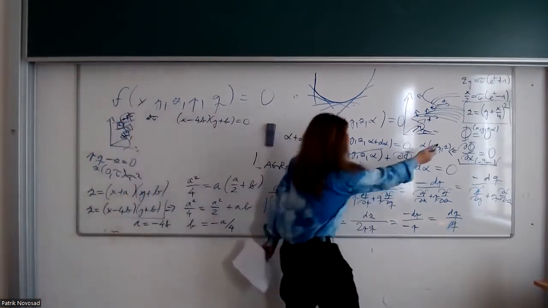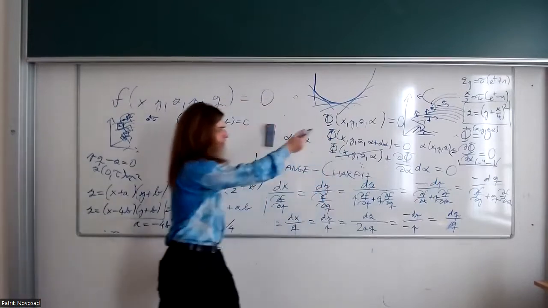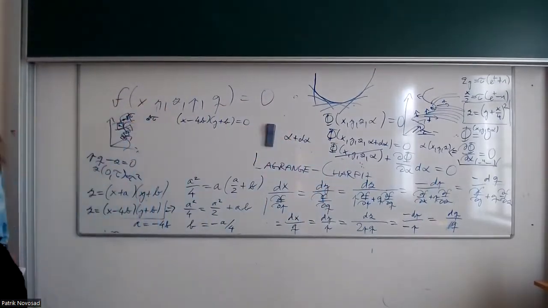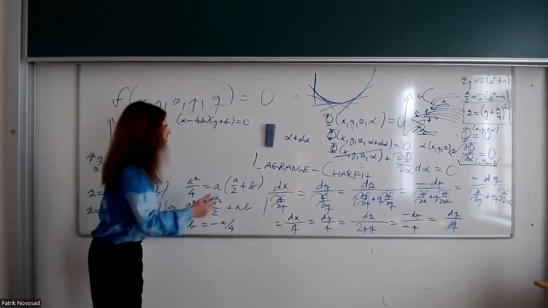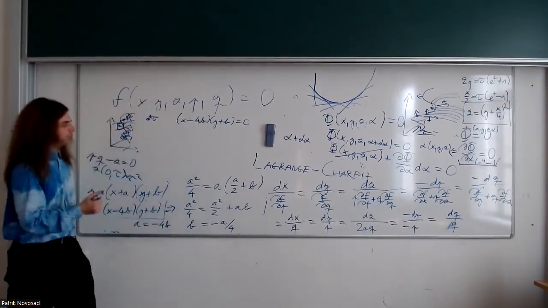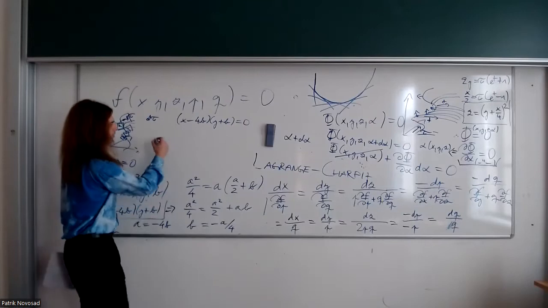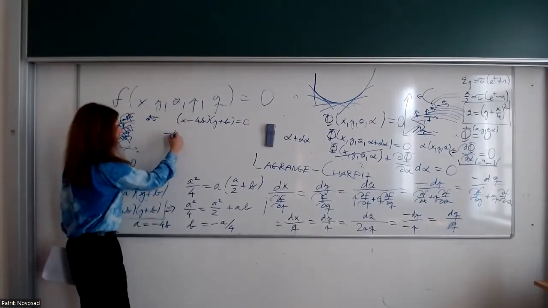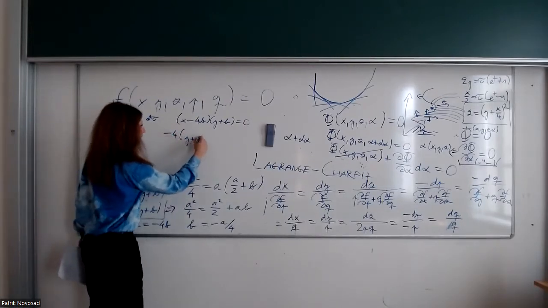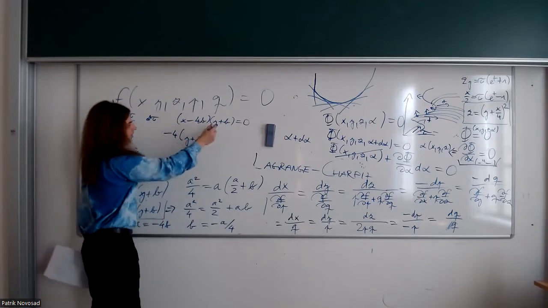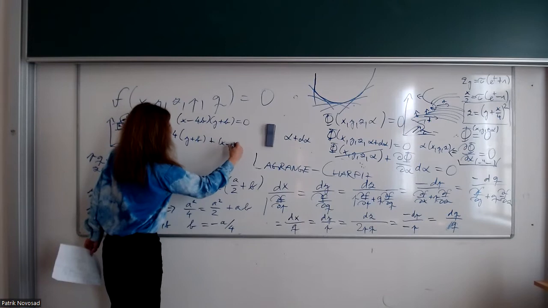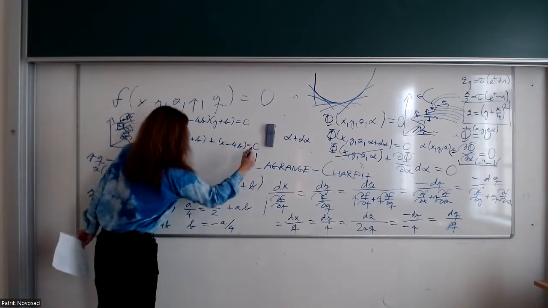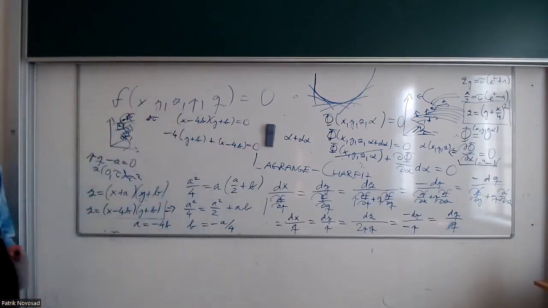That's just the first equation where the parameter alpha is now b. And furthermore, we need to differentiate with respect to the parameter, which is b. So we get minus 4 times y plus b, and by differentiating this, we get x minus 4b. That needs to be equal to 0 as well.